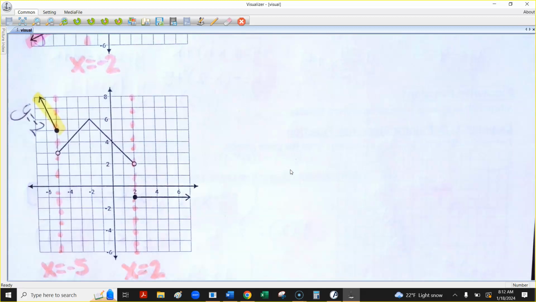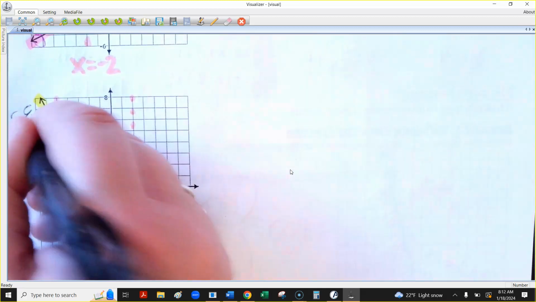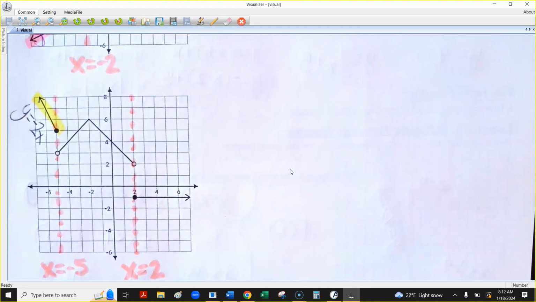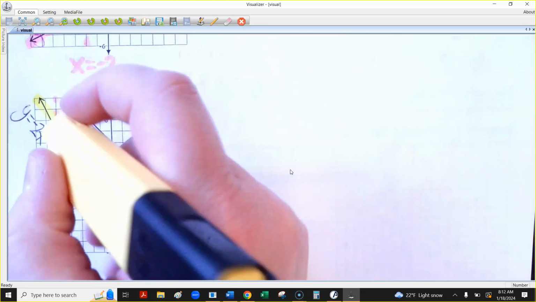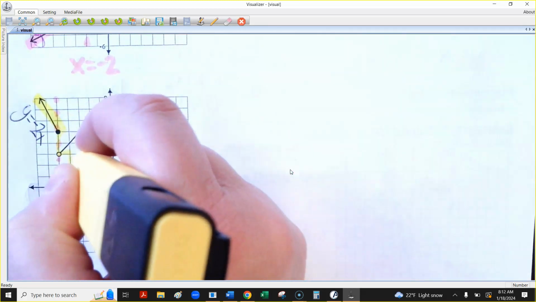Can you guys tell what the slope is of the first piece? Should be -2. Okay, this is a little bit annoying, so I'm going to have to continue it really, until I get to the y-axis. So I'm just going to go down 2 over 1, down 2 over 1.